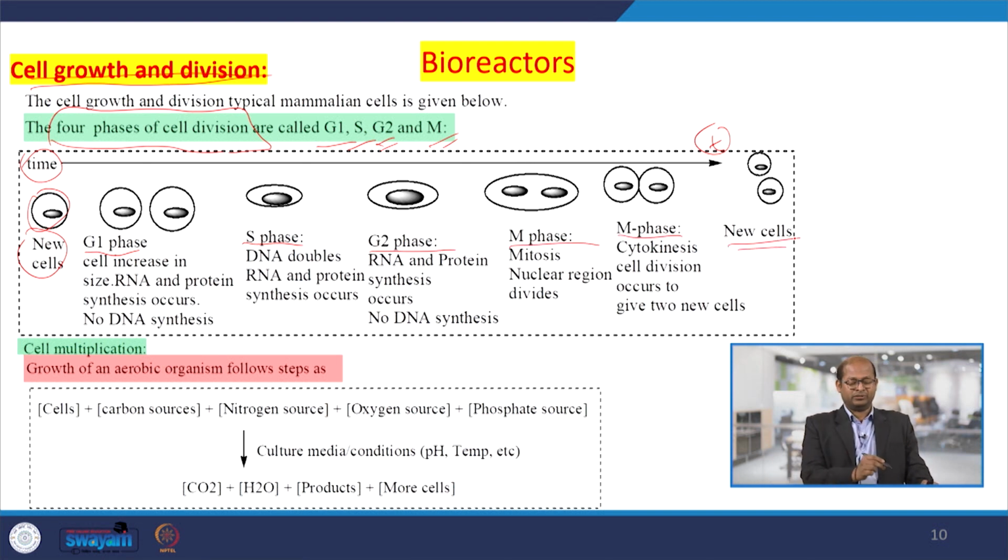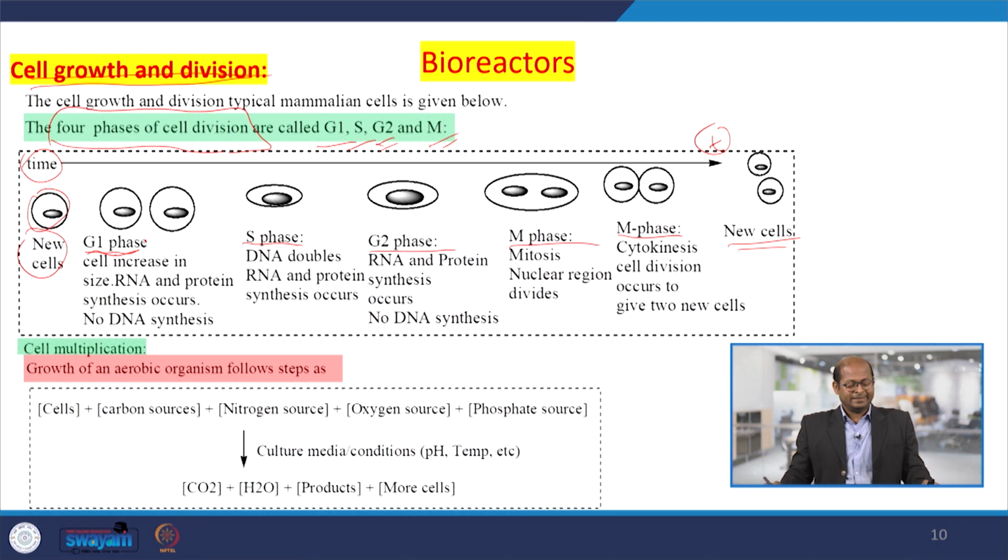This is from time 0 to any time t, how the cell divisions occur. When a new cell is there, the cell increases in size. The first phase is the G1 phase.